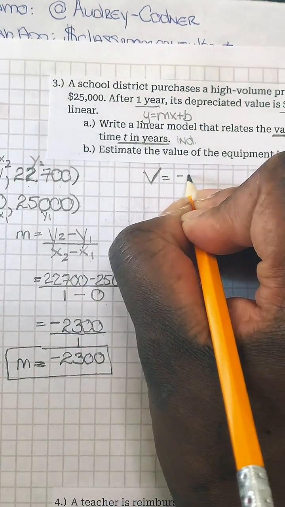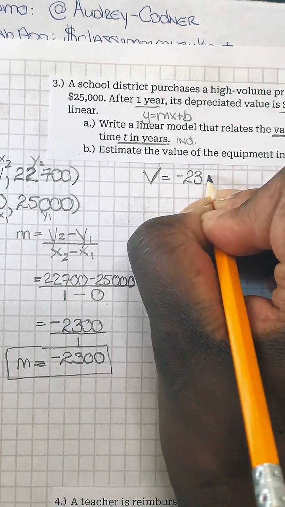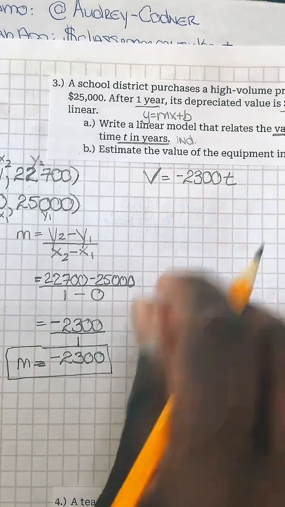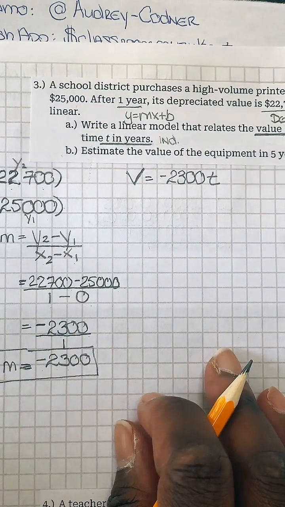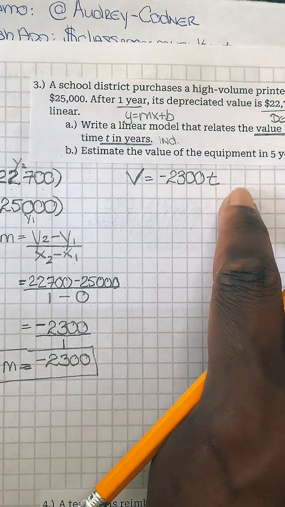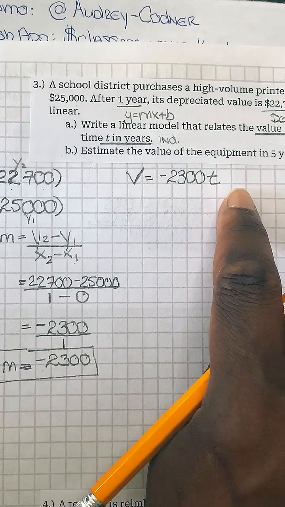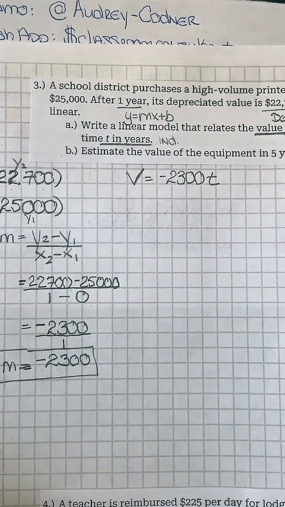All right, so going back to the equation, it gives me a negative 2,300 times t, which is supposed to represent my years. But what would be my y-intercept? What would be my starting amount? What did this cost?